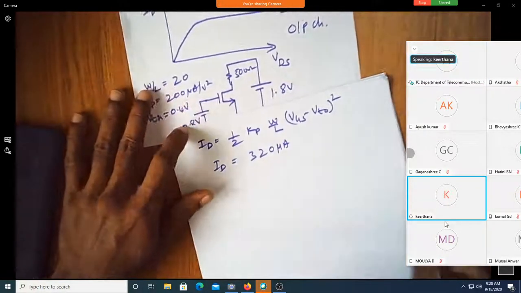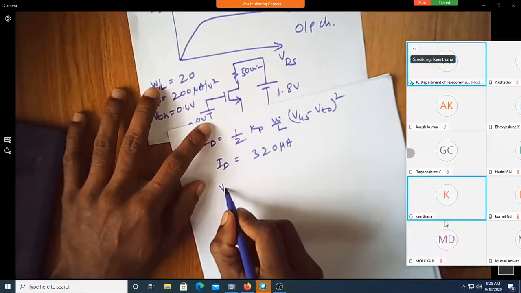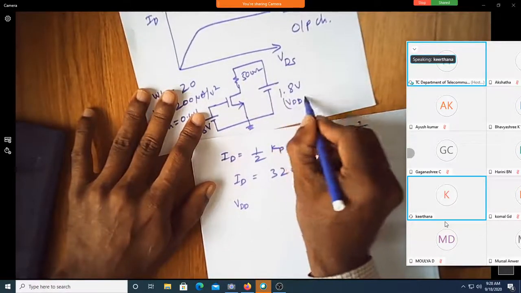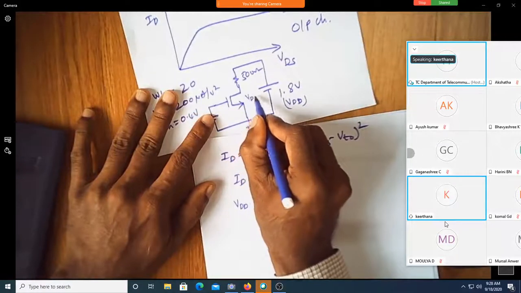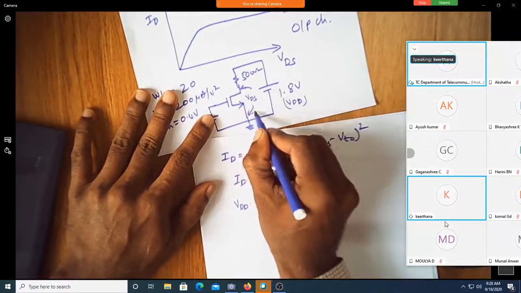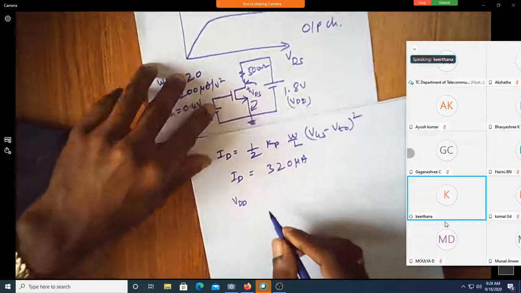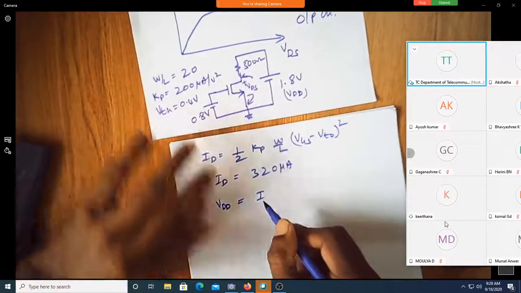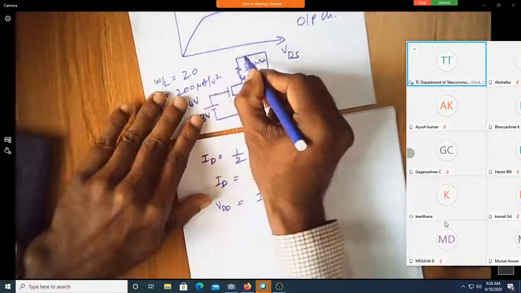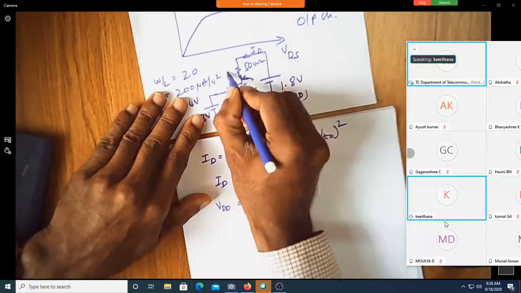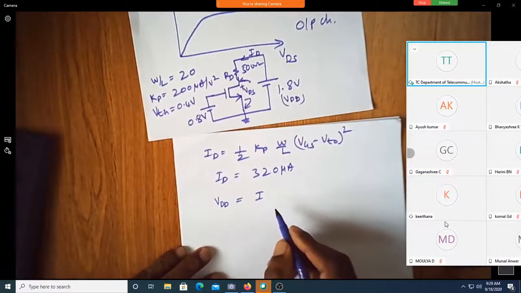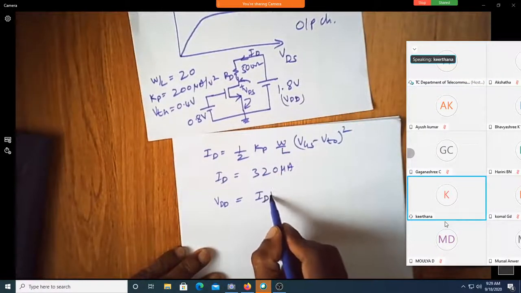Now how much is VDS? Let me write this as VDD and this as VDS, plus and minus. Can I write the KVL expression for this? VDD is equal to, tell me. Suppose you consider this as current ID, and you name this resistance RD, how do I write? VDD is equal to ID into RD plus VDS.